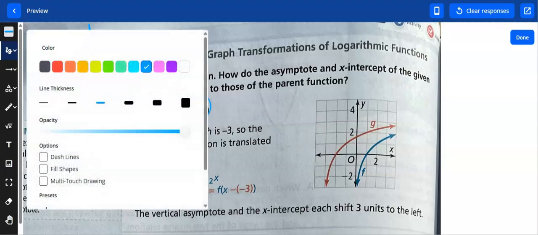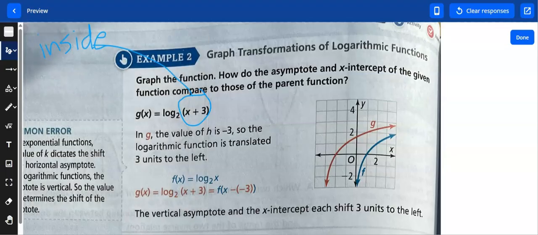And so what do you think is happening? What does this mean? Left 3, right? I need you to make that conclusion. So we've got this logarithm graph, the blue one. Everything slides over to the left 3 places. Everything.